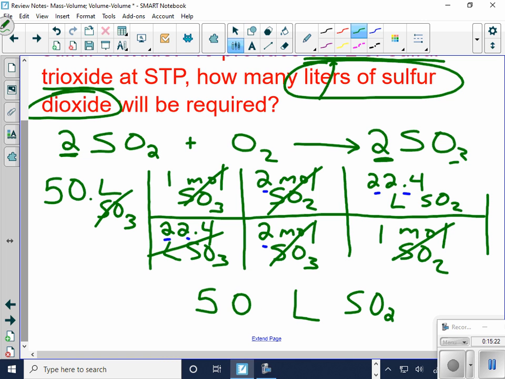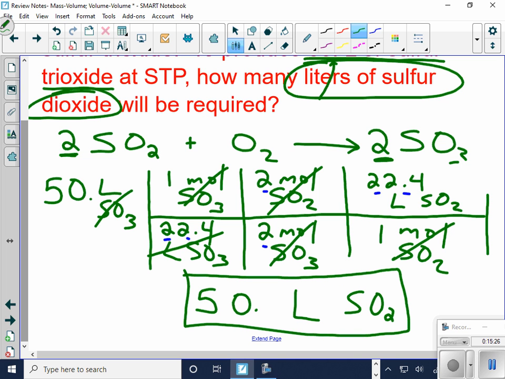I know that my answer is going to be 50 liters because I'll multiply by 2, divide by 2. Now, do you think they all work out like that? No, they don't. This just happens to be one that worked out that way.